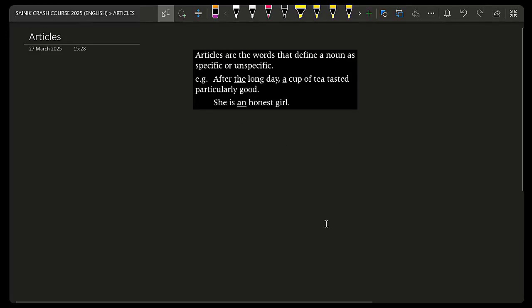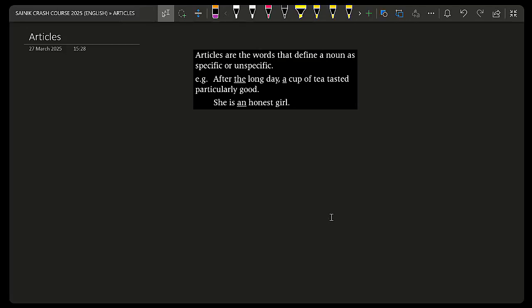Articles are the words that define a noun as specific or unspecific. So there are three articles. Actually, they are divided into two groups: definite articles and indefinite articles. So under indefinite articles, we have a, an, and under the definite article, we have the.